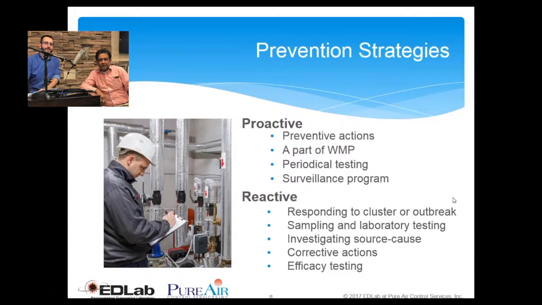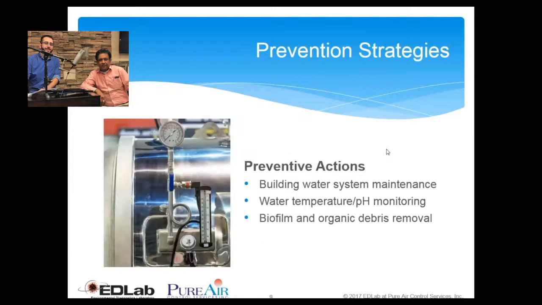So now, as I said, the preventive actions are going to be on various steps, but the very first thing I encourage and would like to see is that the building water system should be maintained properly and appropriately.